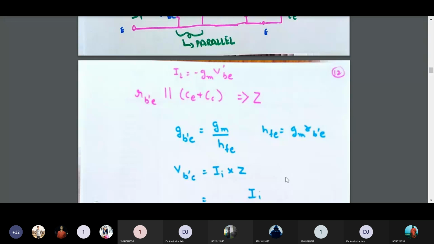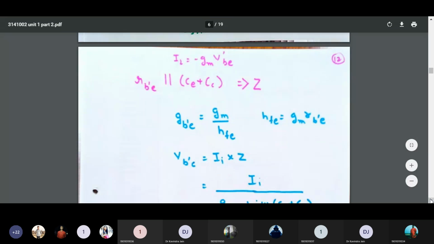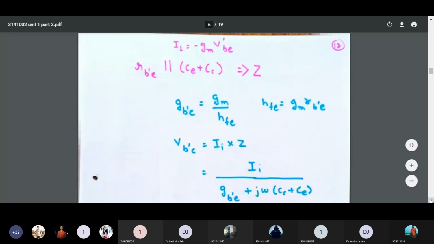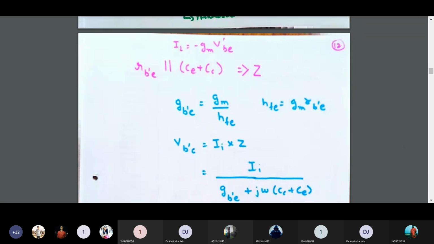Are you getting this, students? Now what is current gain?